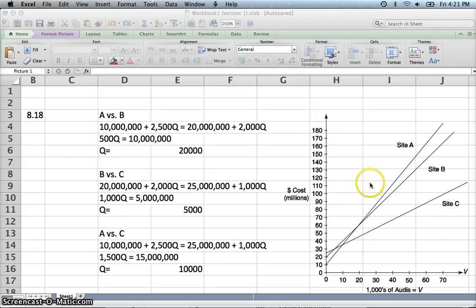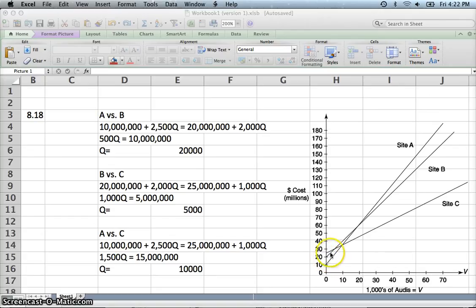Now if we put all three sites on here, and we had this higher amount and then went down, that indicates that site B, the site in the middle, really isn't a contender at all. Normally the site in the middle has a slope that would not be as steep.